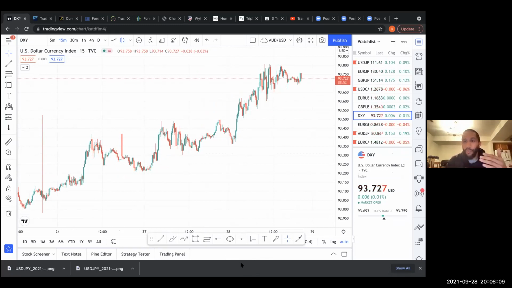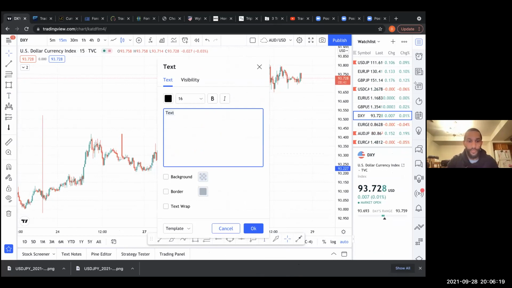The way I was looking at it, I see three main variations of triangle patterns.